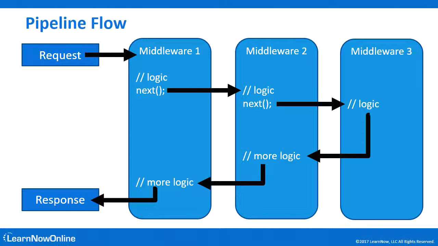So any of these components can choose to stop passing the request on to the next delegate and instead handle the request itself. This is called "short-circuiting the request pipeline," which is a good thing because it allows unnecessary work to be avoided. And one prime example of that, as I mentioned, is authentication middleware.